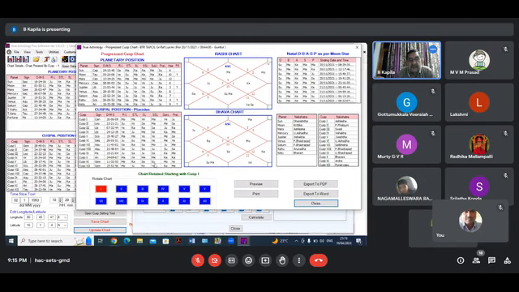Sun is there, Mercury is there, and Ketu is Mars and Venus. Mars is there in 5th. So this is clear. Now you can check any of the planets. Saturn we have discussed. Venus we discussed. We can discuss all these planets one by one.